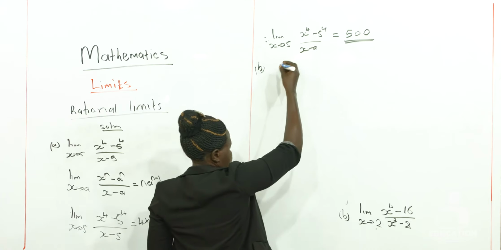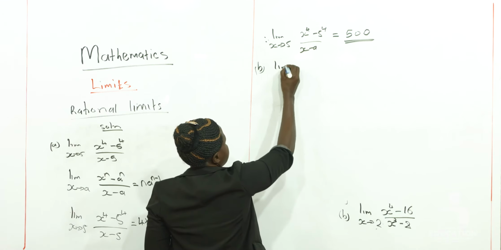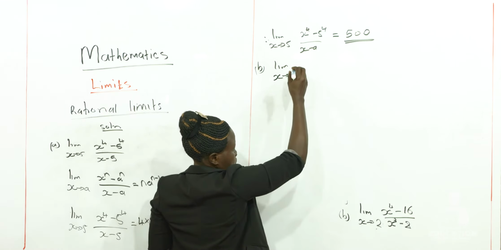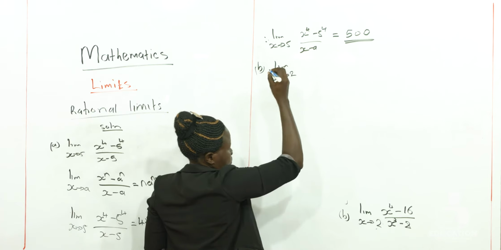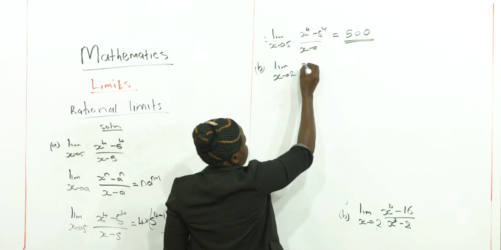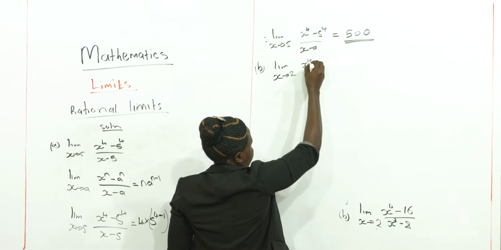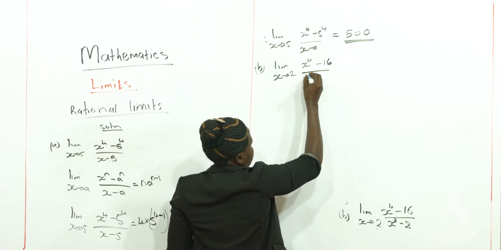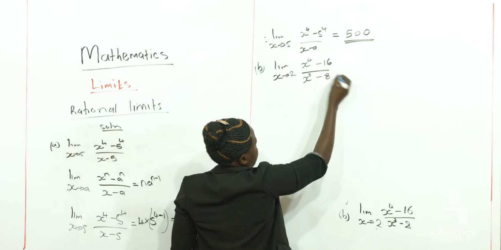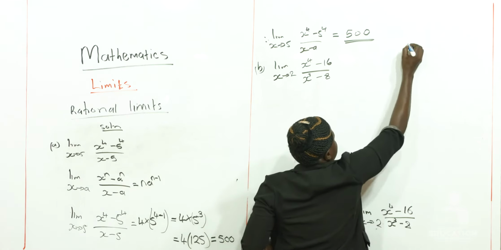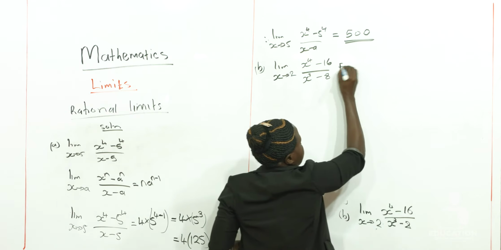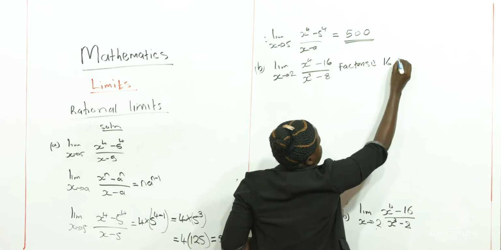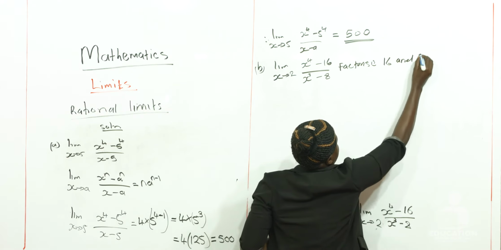So you simply say, I will have the limit as x approaches 2 of x raised to 4 minus 16 over x raised to 3 minus 8. So what you do, you factorize 16 and 8.